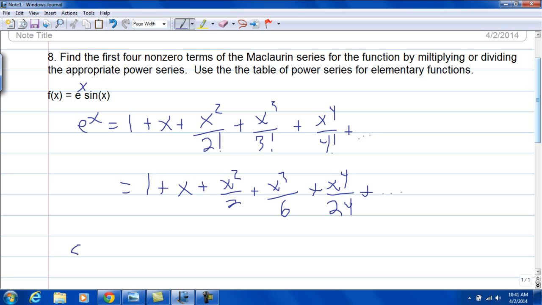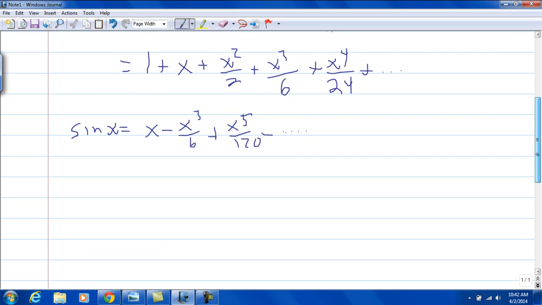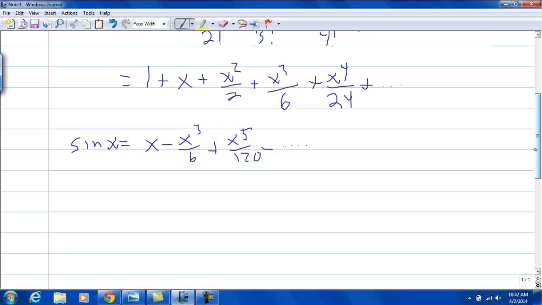For the sine of x equals x minus x cubed over 6 plus x to the 5th over 120 minus dot dot dot. It's x, x cubed over 3 factorial, x to the 5th over 5 factorial, and 5 factorial is 120. So we're multiplying these together.